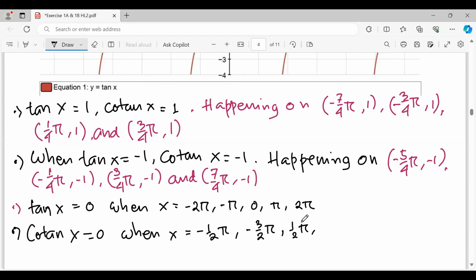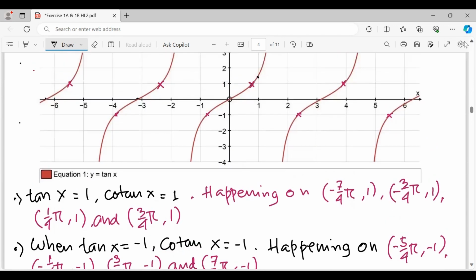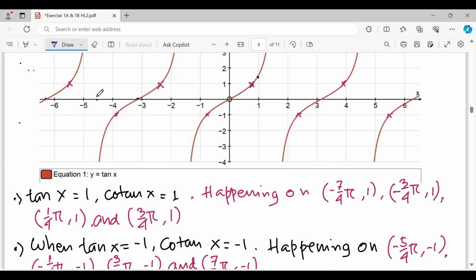And 3 half pi. So we can find minus 3 half pi around here. I'm going to use another color. The intercept point between cotangent x and x-axis as well.